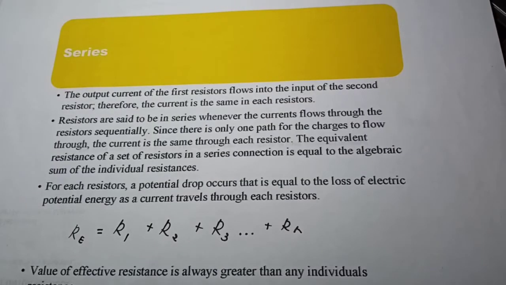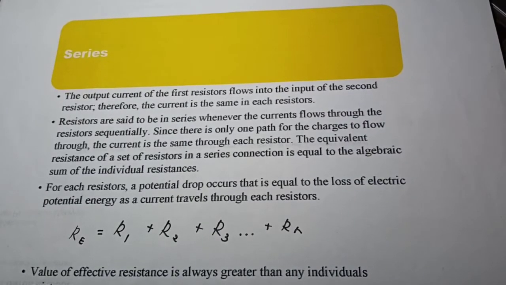In series circuits, the output current of the first resistor flows into the input of the second resistor. Therefore, the current is the same in each resistor. Resistors are said to be in series whenever the current flows through the resistors sequentially.